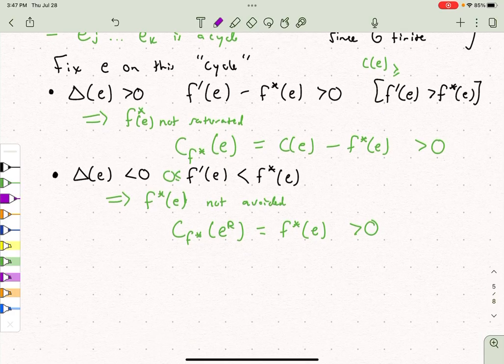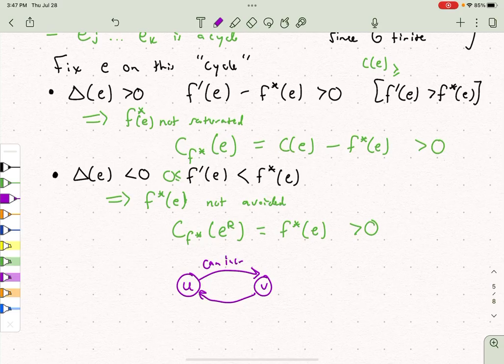So if you remember, in the residual, for any u to v, we always have this edge u to v and v to u, where this is how much we can increase u to v by this amount.